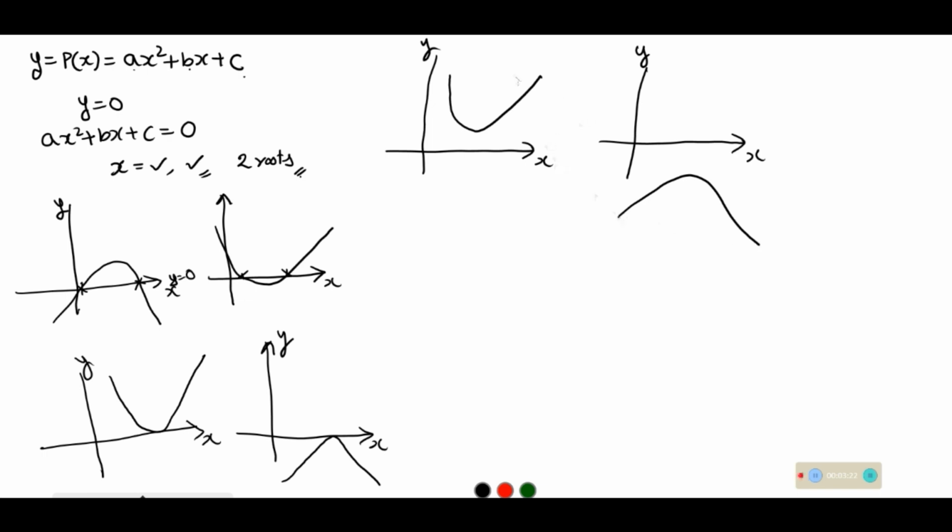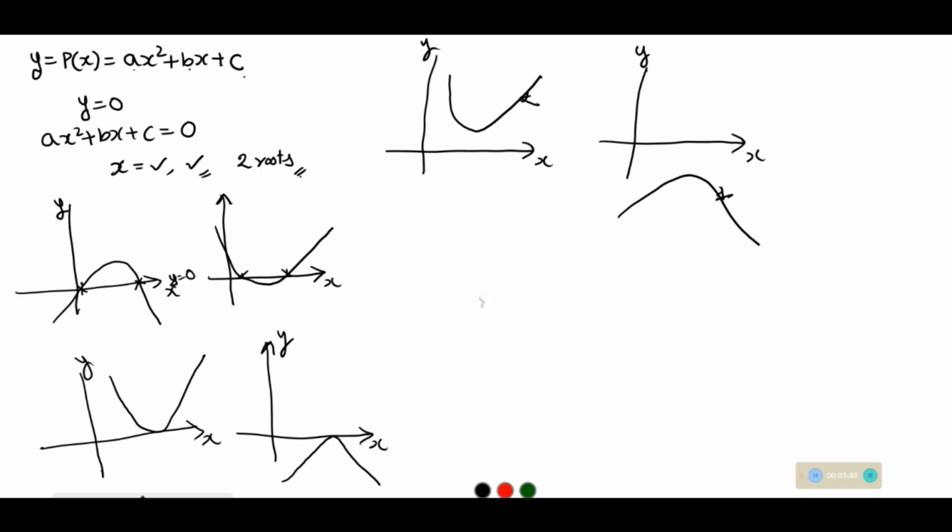So these are 2 quadratic curves. It is never touching the x-axis. That means y never becomes 0. So this kind of quadratic equation does not have any roots, or any zeros.